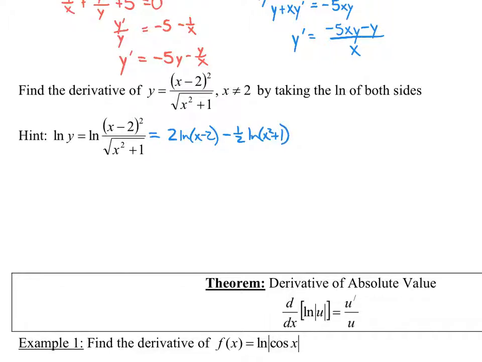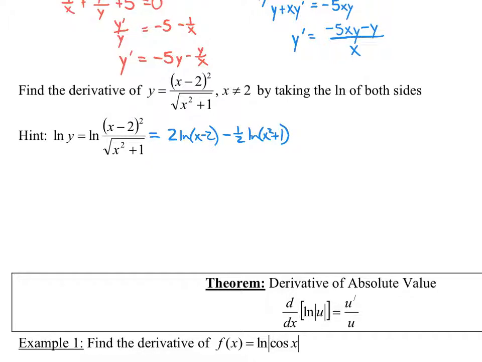So you'll notice here, I rewrote it with the division becoming subtraction, and then I took the square out as a coefficient of 2, and I took the square root out as a coefficient of 1/2. All right? So here is a case where we can use the laws of logarithms, and this actually makes things kind of nice, all right? Because now, when we take the derivative of both sides, it's really not too big of a deal, okay?